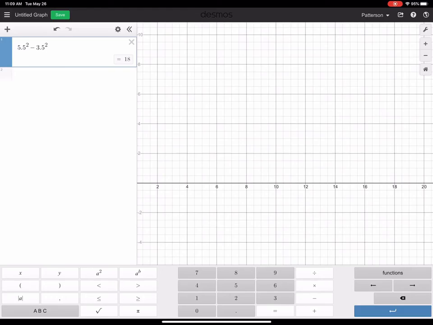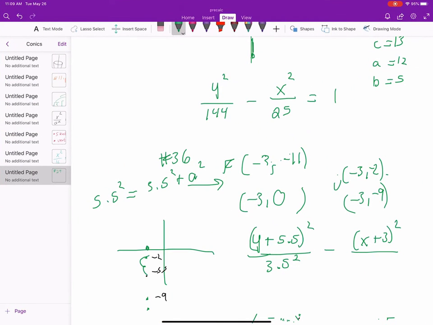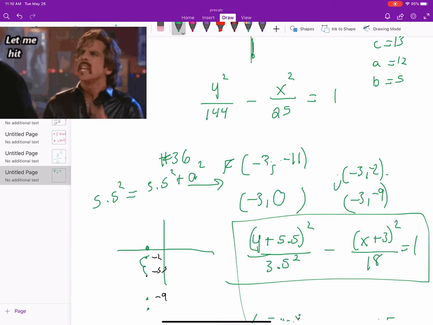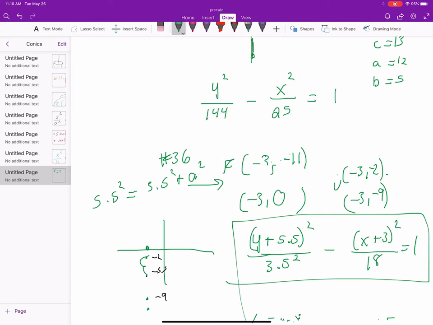So now I can jump back and put 18 on the bottom there. It's already squared because it's 5.5 squared minus 3.5 squared, so that result is also squared. So that's just 18. There's my hyperbola equation. Whew, that was pretty nutsy stuff. It does help to draw pictures, as usual. Make sure you do that.